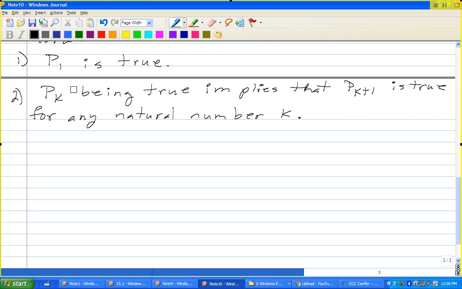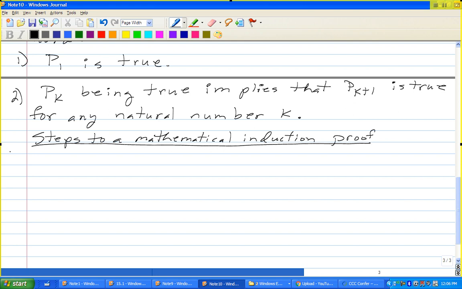So let me codify the steps to a mathematical induction proof. So the first step, state the initial condition.